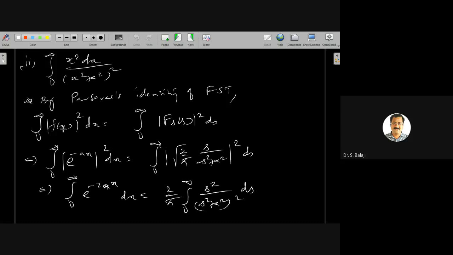Integral 0 to infinity mod f of x square dx equals integral 0 to infinity mod fs of s square ds by Parseval's identity.